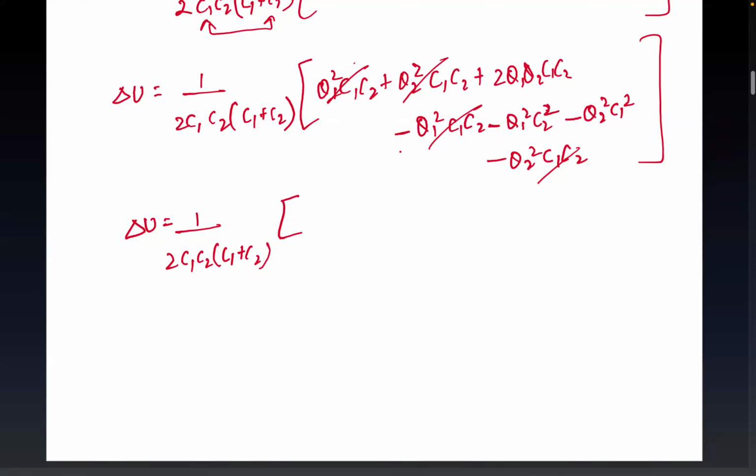What I have left in the numerator is 2 times Q1 Q2 C1 C2, minus actually, or you can say just put negative like this, Q1 square C2 square plus Q2 square C1 square.